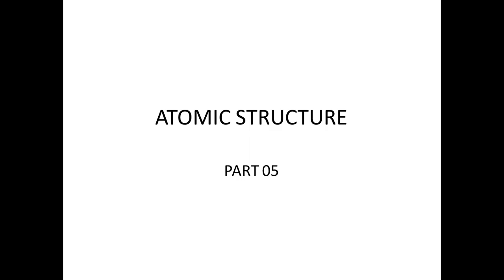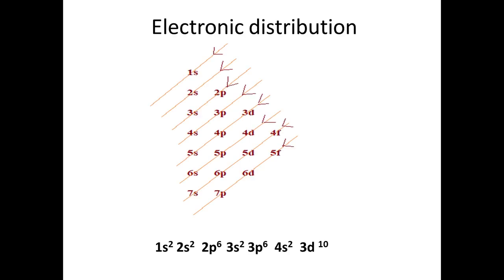Okay, so this is the basic scheme to fill electrons inside the shells, subshells or orbitals. You can see here 1s, 2s, 2p, 3s, 3p. These represent the orbitals. The first number represents the shell number, that is the first shell.